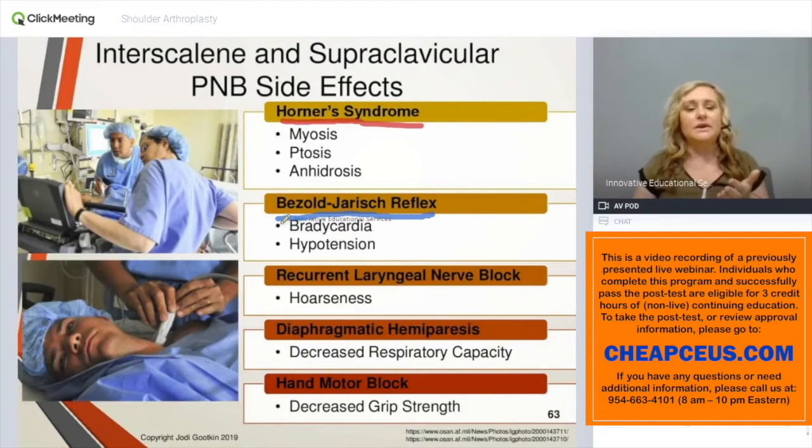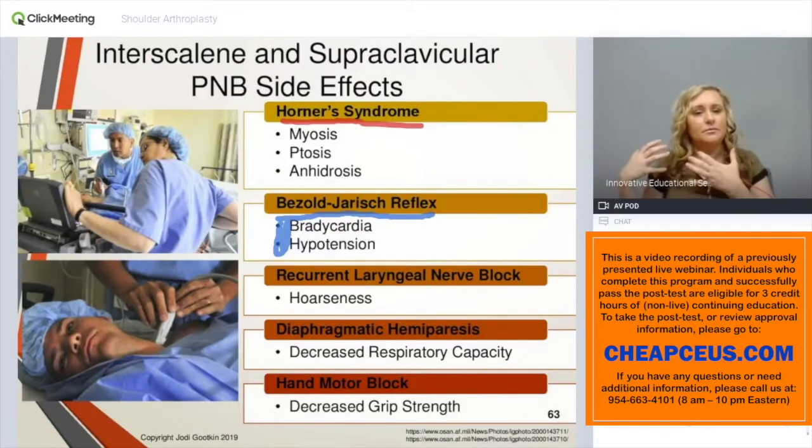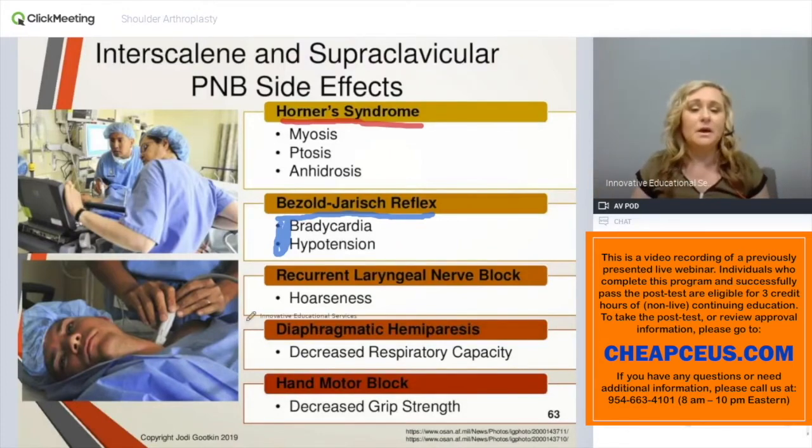That's where the patient may be experiencing bradycardia and hypotension, and what they're connecting it back to is that the peripheral nerve block and the positioning and surgery somehow irritated the left ventricle, so they're not having sufficient cardiac output. So if your patient is presenting with these symptoms, you really have to tease out cardiac versus potential side effect and referral back to the physician.